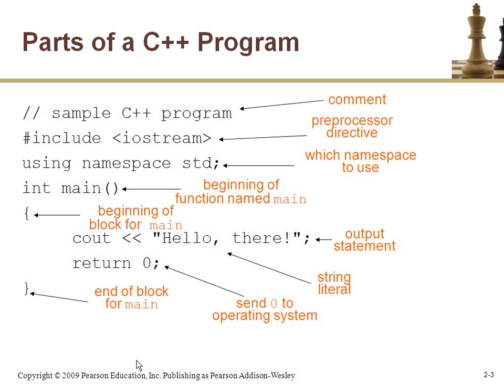Think of your program as a big container, a function, and inside that container or function you can have a series of other functions and other statements to get executed. All C++ programs will start with int main open parentheses close parentheses to say that this is the beginning of the main function.